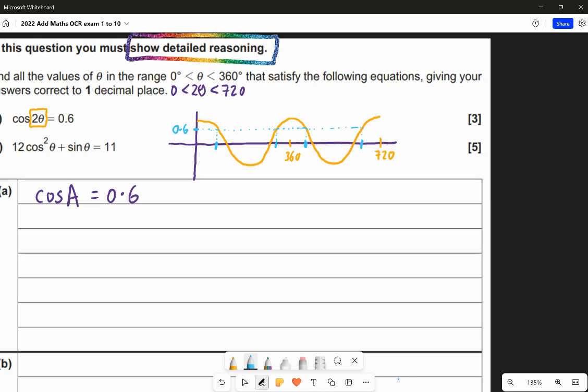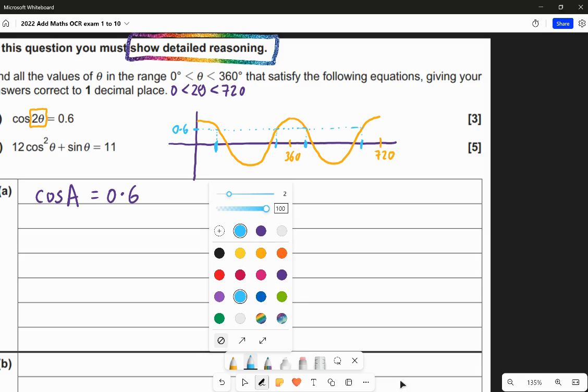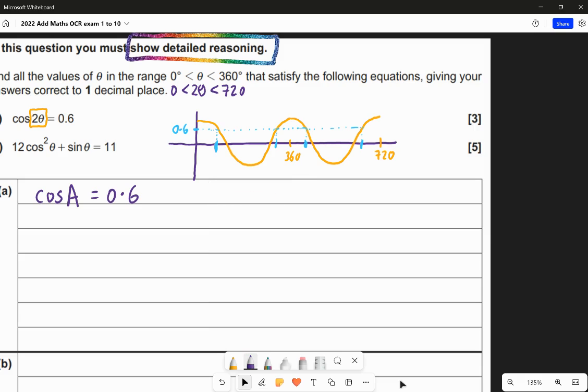So my first answer, this one here, I'm going to find A by doing inverse cos of 0.6. And my calculator gives me for that 53.13 and keeps going forever.